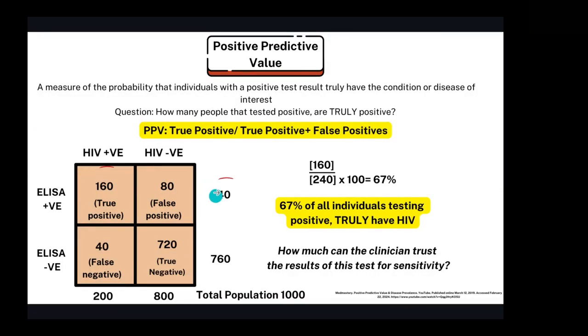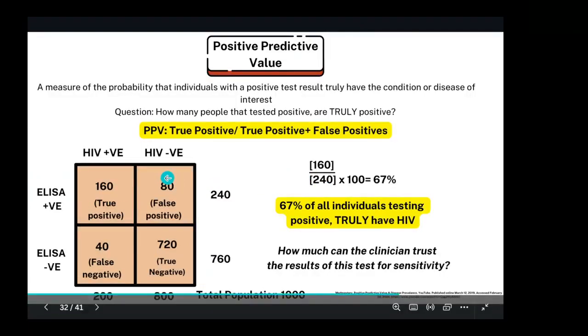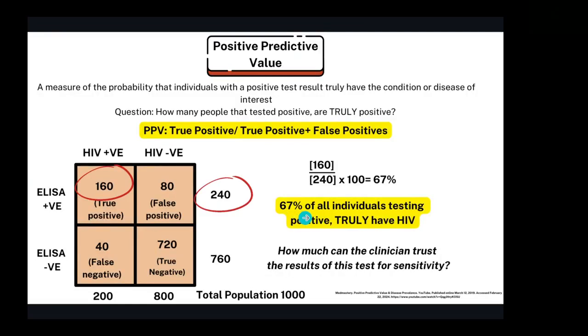To calculate the positive predictive value, you take the true positive count, which is 160, and divide it by the total that the ELISA scan has given a positive test result for, which is 160 plus 80, and that's 240. It means in this circumstance, the ELISA scan has a positive predictive value of 67%. So 67% of all individuals testing positive are truly HIV positive.